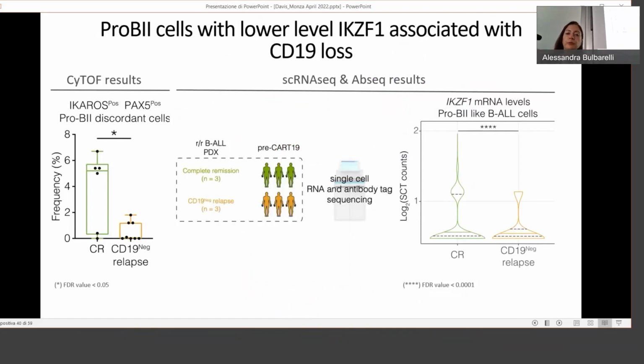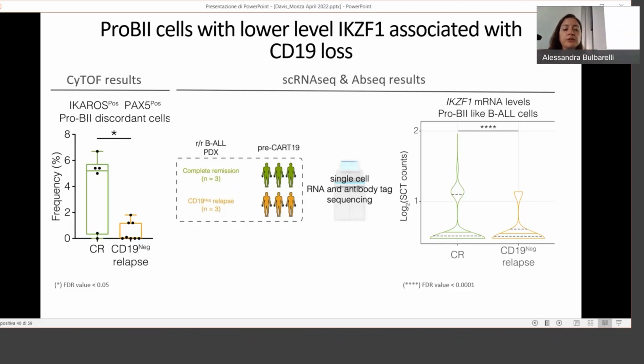So we knew that these cells were present, but what was different about them in patients who were going to have a 19 loss relapse? Based on CyTOF, when we started to look at the single cell features of these cells, we found that the patients at risk for 19 negative relapse had cells with lower levels of transcription factor Ikaros and PAX5. They also had lower levels of NF-kappa B as well.